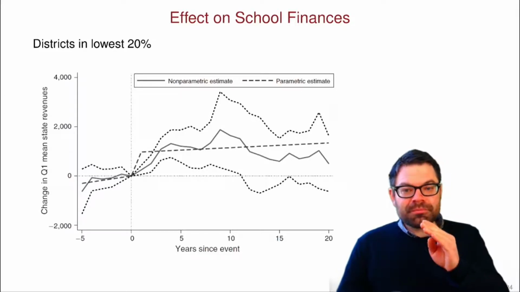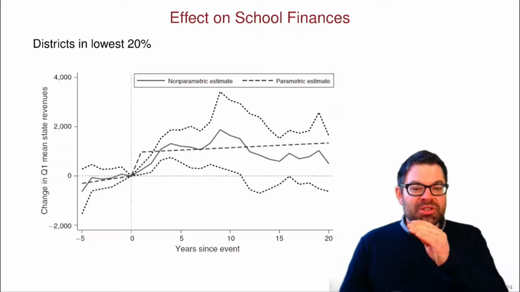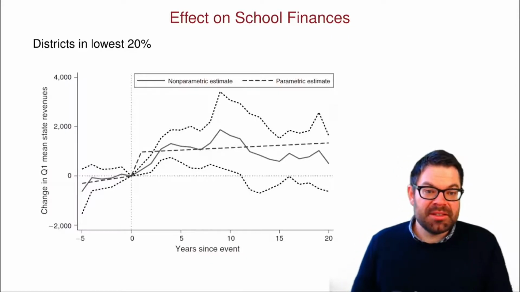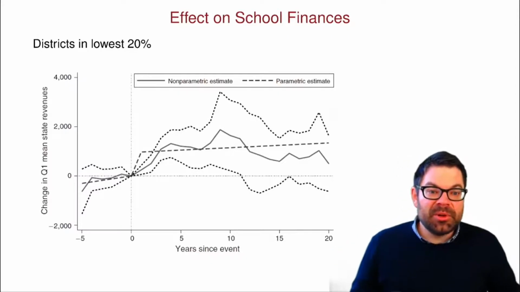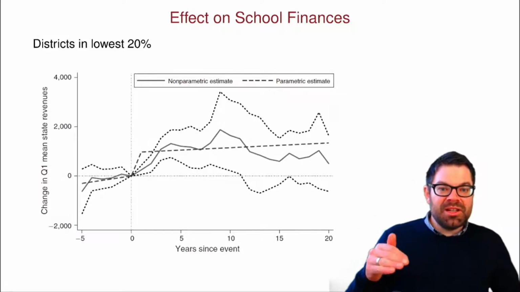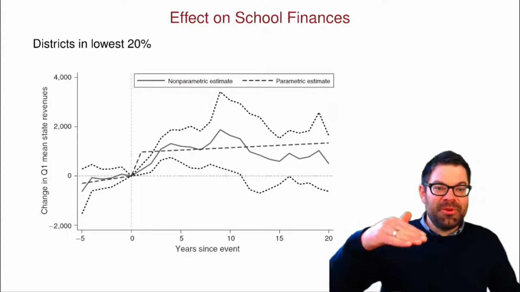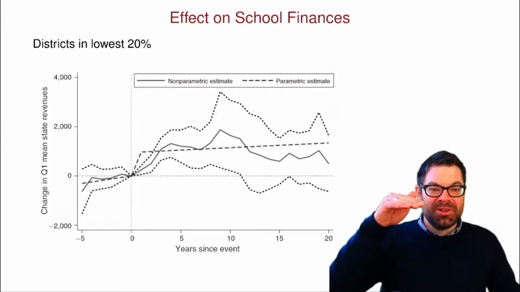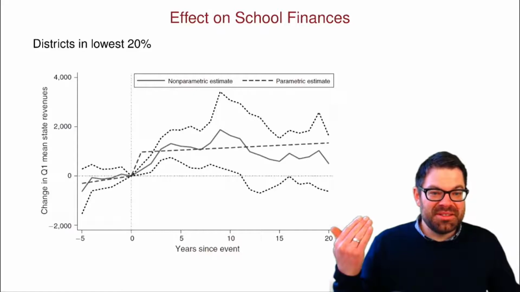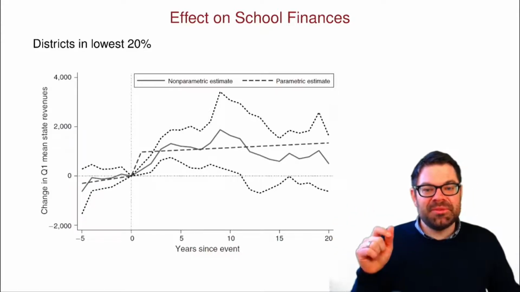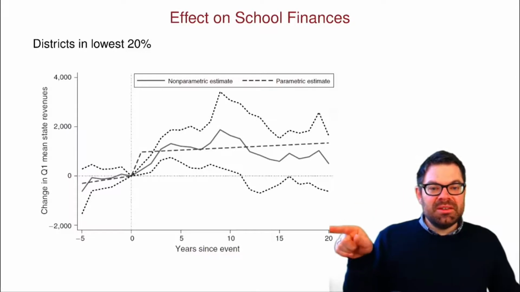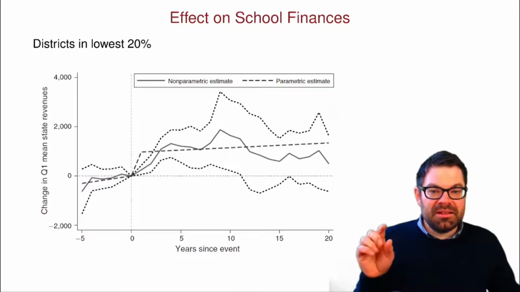And then the dashed line, it's not shown here with confidence intervals, but you could obviously construct them here as well. It would just get a bit messy on the graph. And the dashed line is simply the parametric model. Okay, so where you force the effect after the event to be constant. Okay, and then obviously you're just interested in the size of the jump. And what you can see here is that there is an effect.